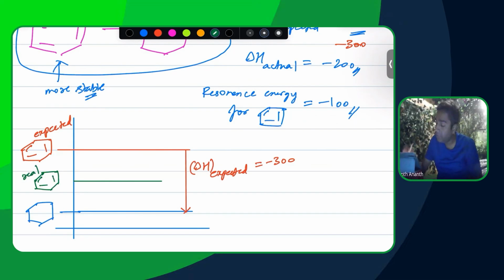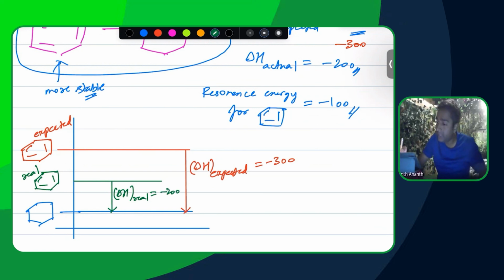Experimentally, when I do that, that comes out as this value, which is my delta H real, which is minus 200.